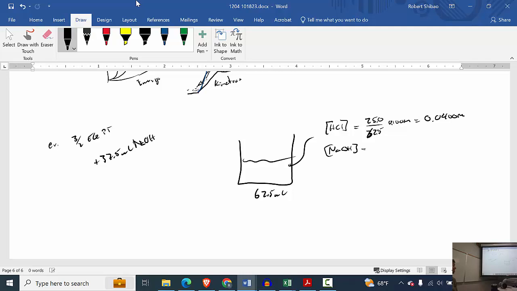And the new concentration for NaOH, this is going to be 37.5 out of 62.5, times 0.100. 37.5 divided by 62.5 is 0.0600.